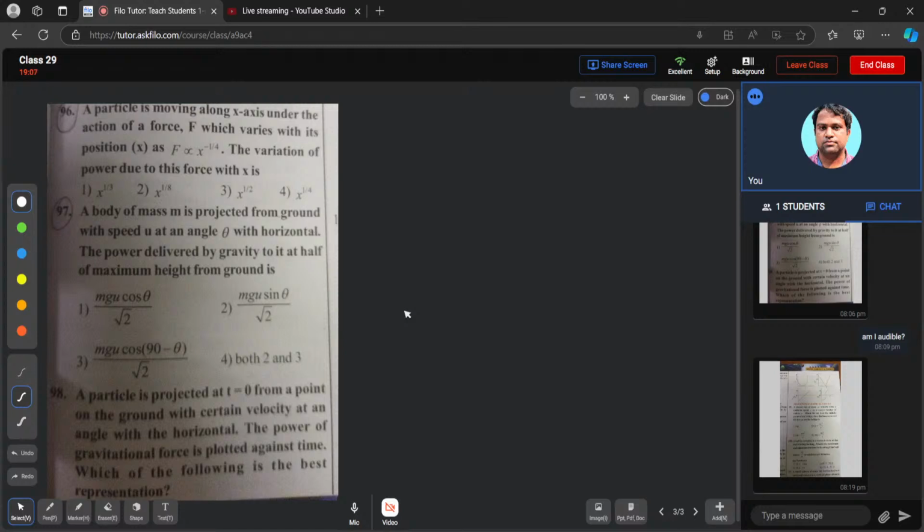A particle is moving along the x-axis under the action of a force F proportional to x to the power minus 1 by 4.